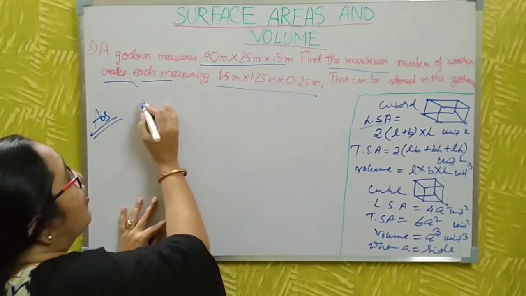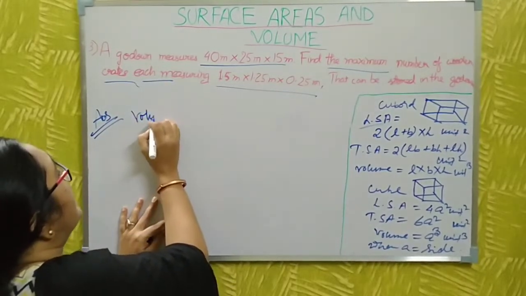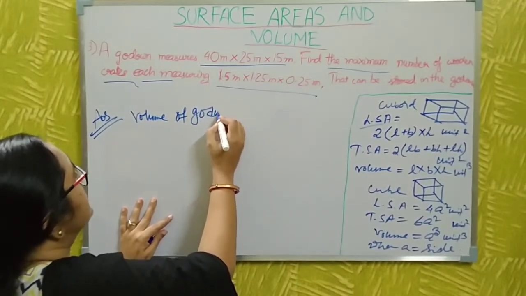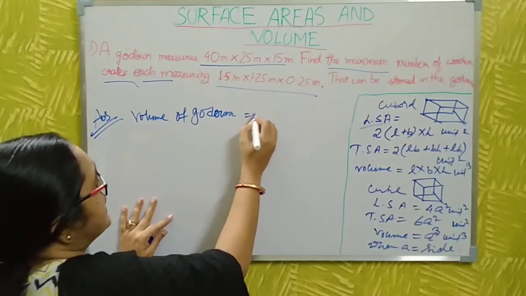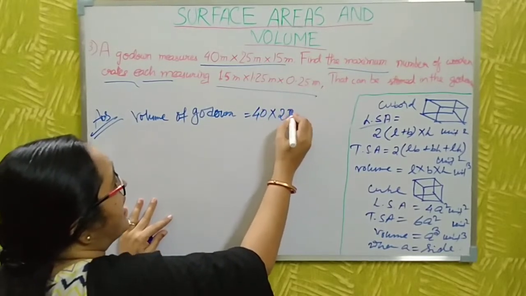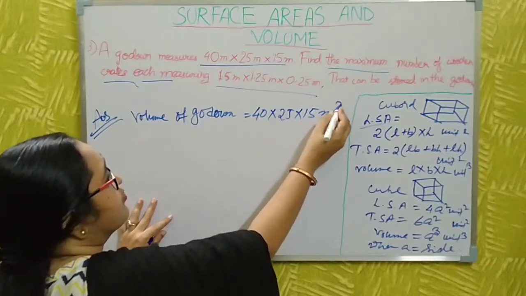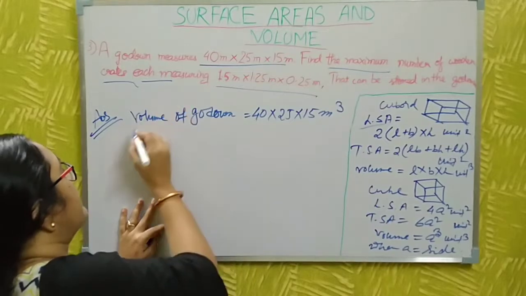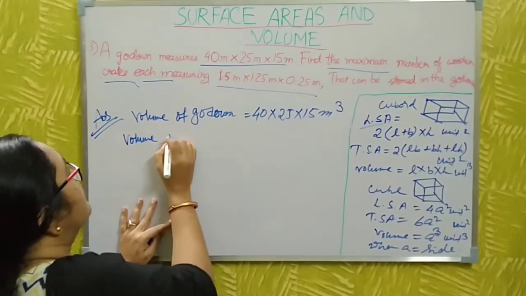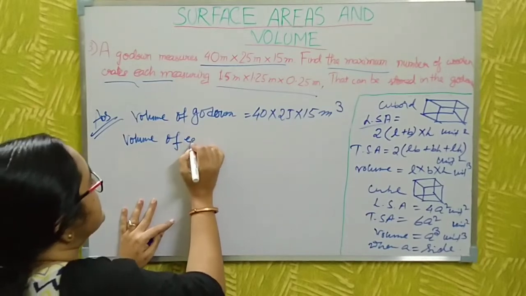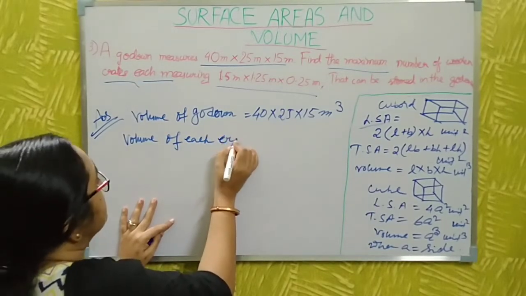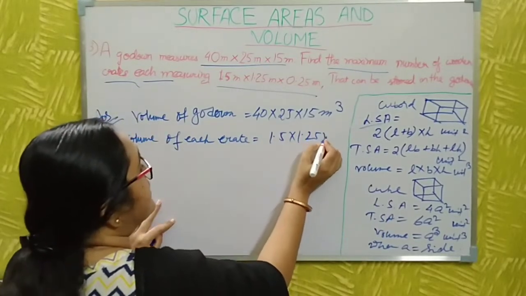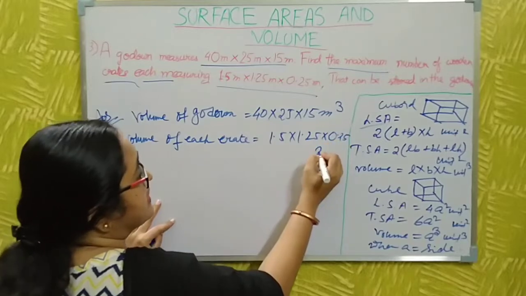First, find the volume of the godown. The godown is 40 into 25 into 15 meter cube. You don't do the multiplication here; you just write it like this. And the volume of each crate is 1.5 into 1.25 into 0.25 meter cube.